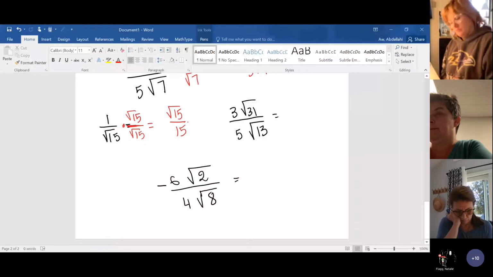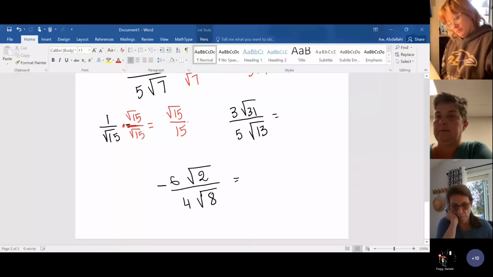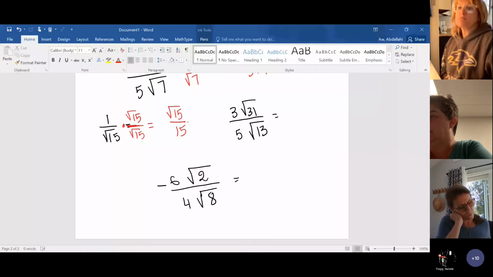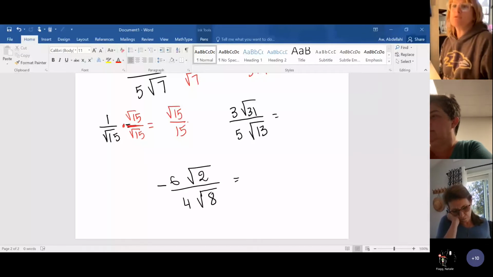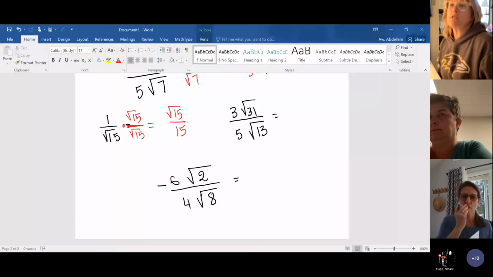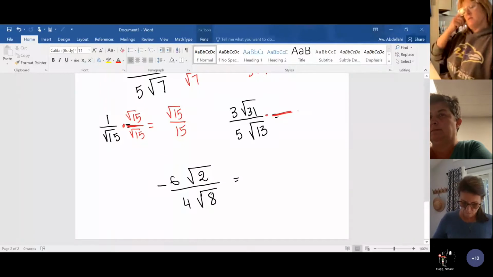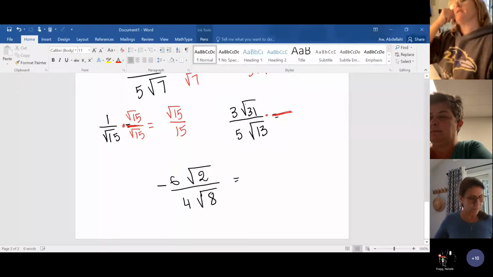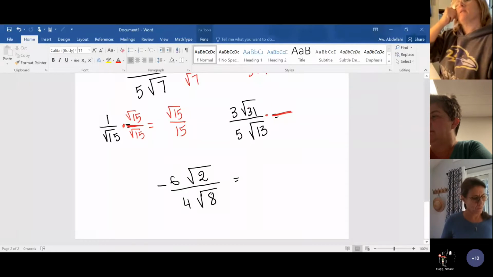The second one, we're going to multiply the numerator and the denominator by what? Which one are we on? The 31 and the 13? Yeah, multiply by the square root of 13. Exactly.